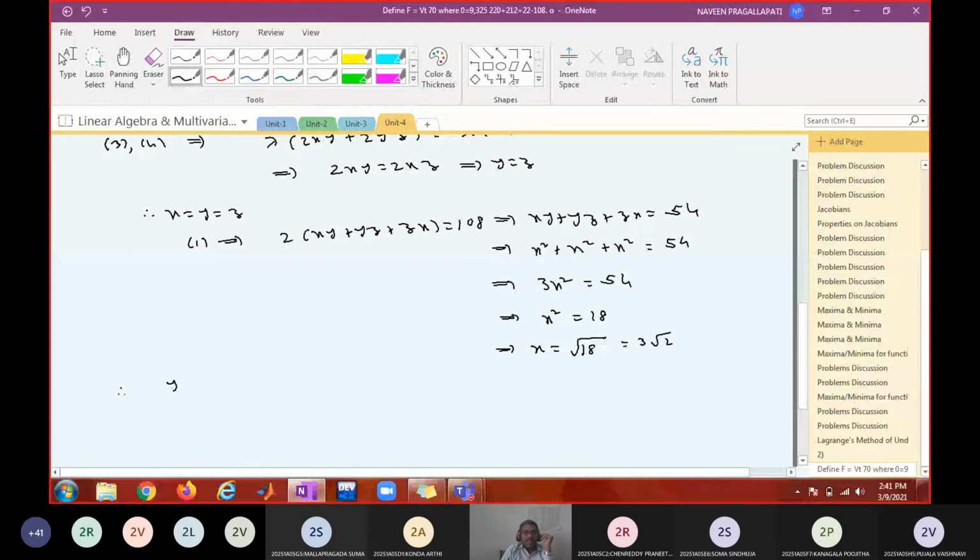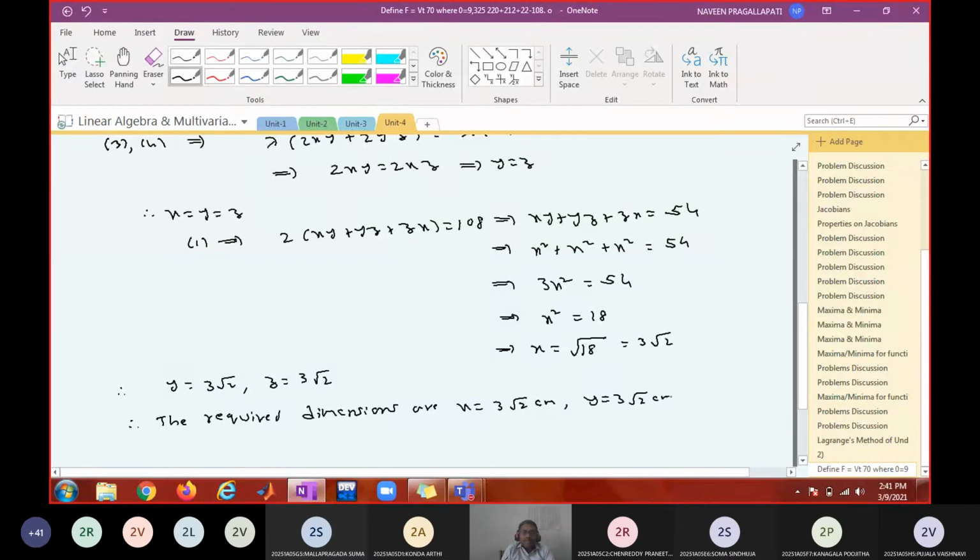Therefore, y equals 3 root 2, and z is also equal to 3 root 2. So the required dimensions are x equals 3 root 2 centimeters, y equals 3 root 2 centimeters, z equals 3 root 2 centimeters.